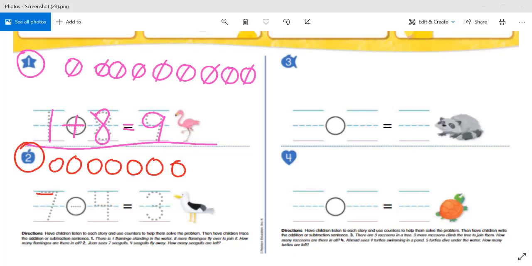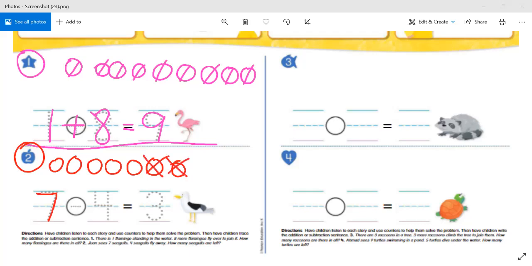So let's write our 7 because that's how many we have in all. 7. 4 fly away. How many seagulls are left? Does that sound like an addition or a subtraction problem? It says 4 seagulls fly away. So that means they are leaving.